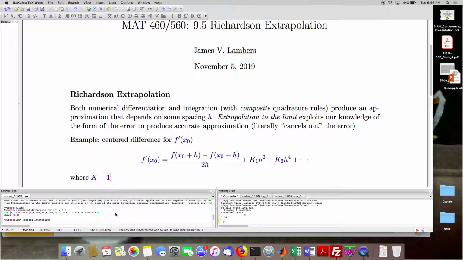So k1, and this comes from a Taylor expansion, is equal to f triple prime at some unknown point, and then we have over 6.